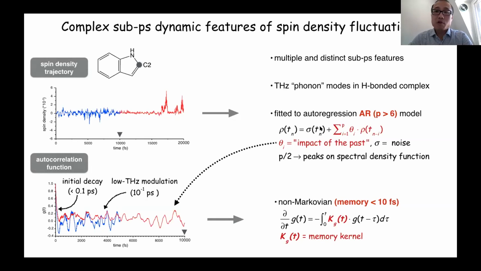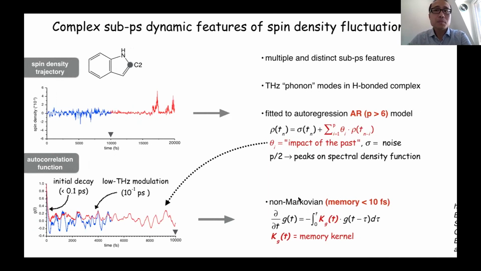And very nicely, from the autoregression model, we also understand that this very short memory, which is possibly dictated by quantum mechanical instructions, would cast the slower phonon modes, the terahertz phonon modes, which contribute to the Overhauser DNP performance. So now we are actively analyzing the nature of this short memory kernel.